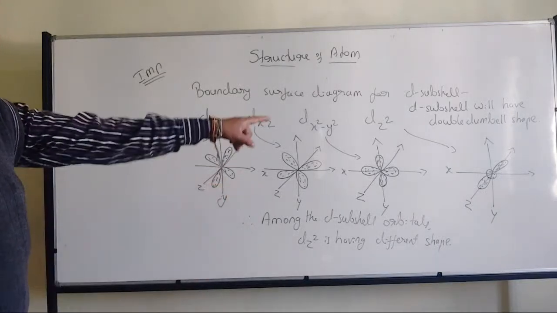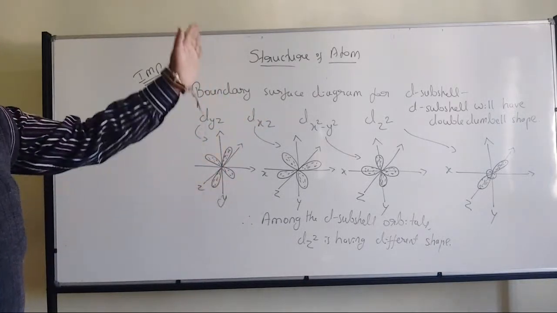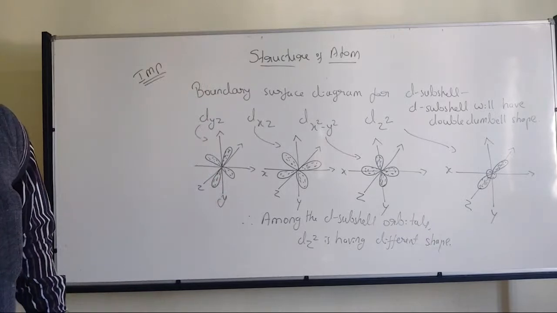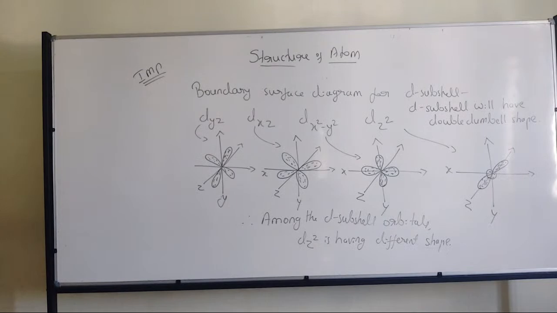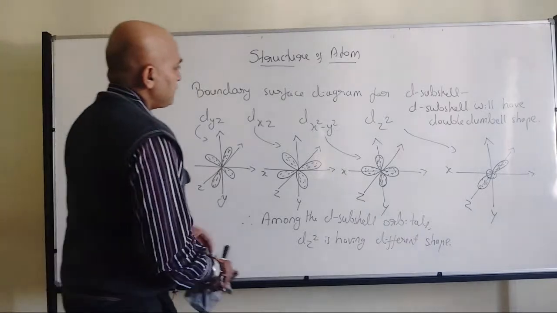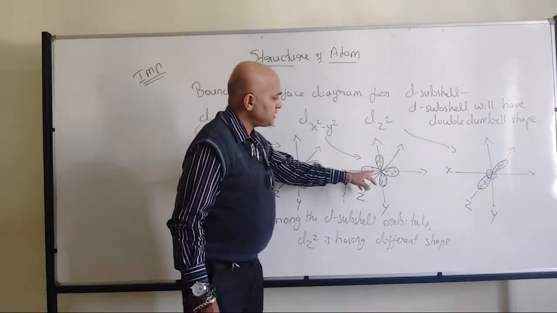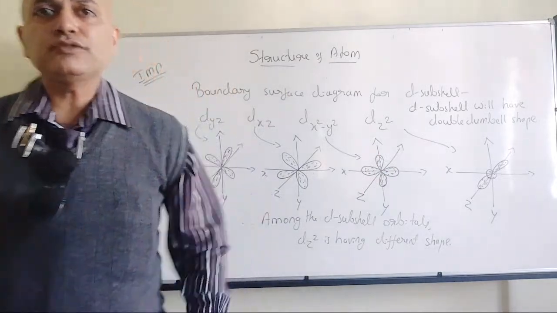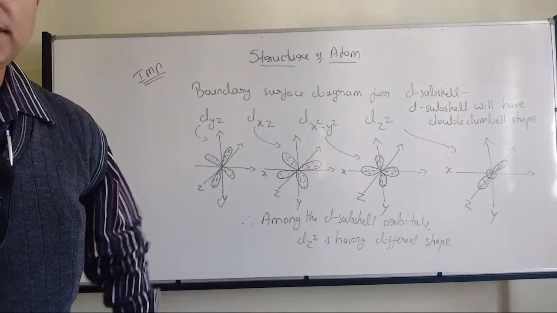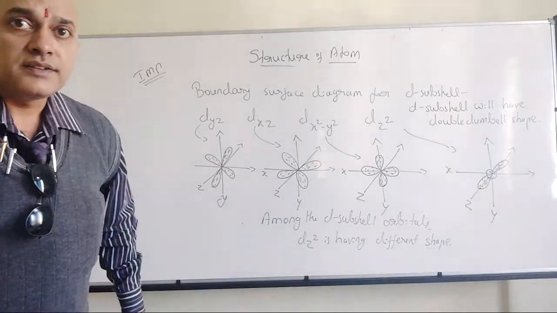Then even that dz square will become a straight one. And you have to remember that when it comes to x square minus y square, it should be on the x-axis and y-axis, exactly on those axes, not in between. Okay?